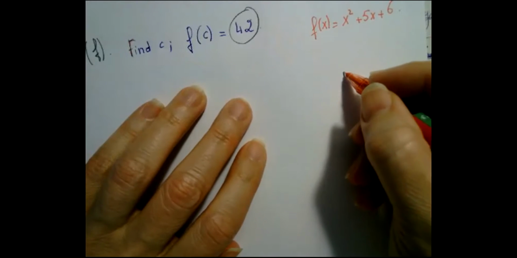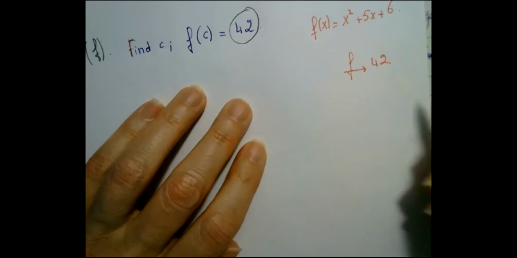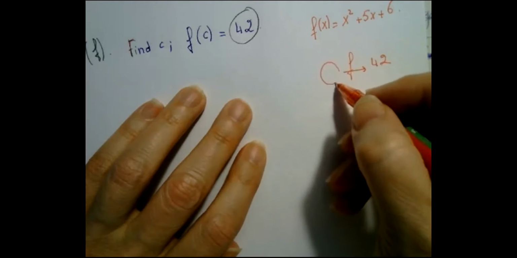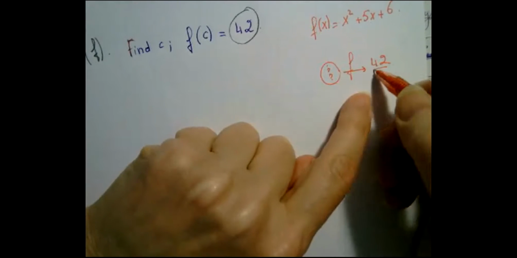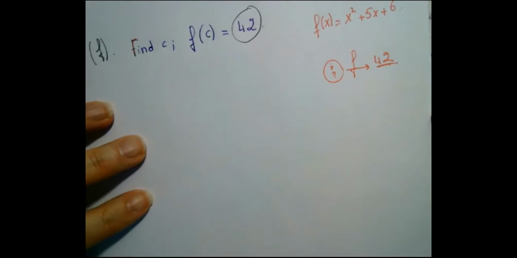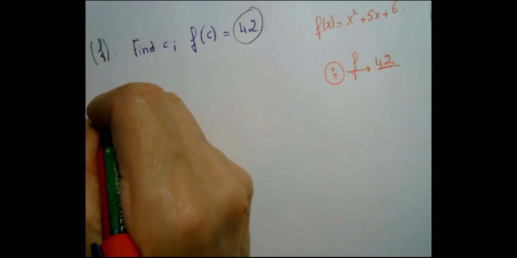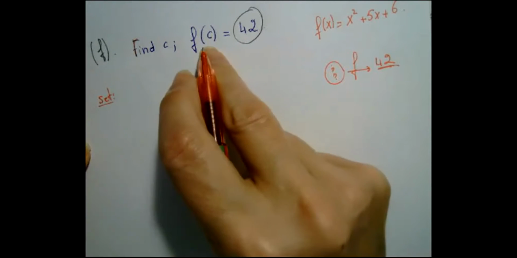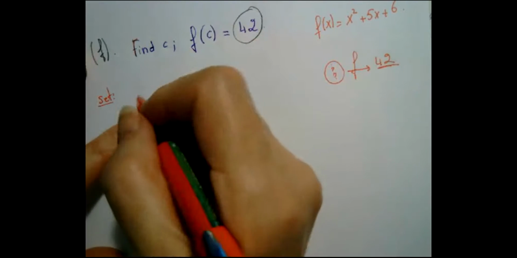Exactly, it's an output. And what do they want me to do? Find which input. Don't you have to solve for x? We have to solve for x, exactly. So how are we going to do it? Now, the book is calling it c, so they don't want to call it x because they want you to get used to a lot of ideas. So I'm going to put c.